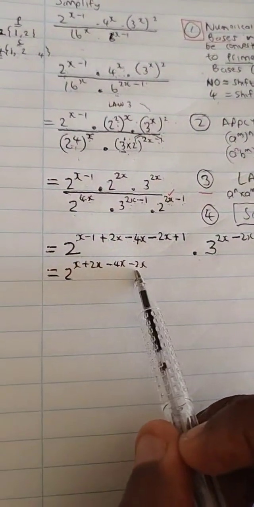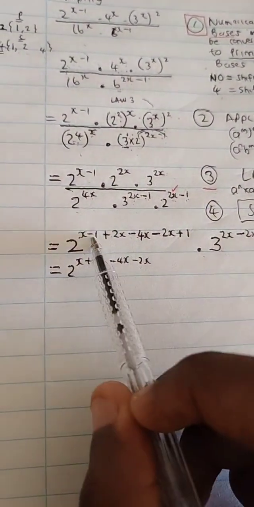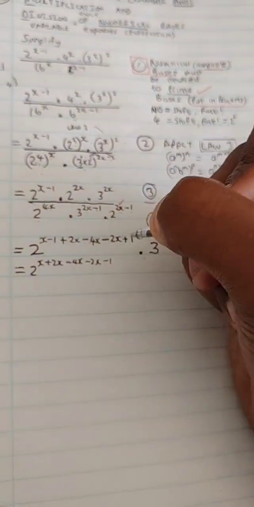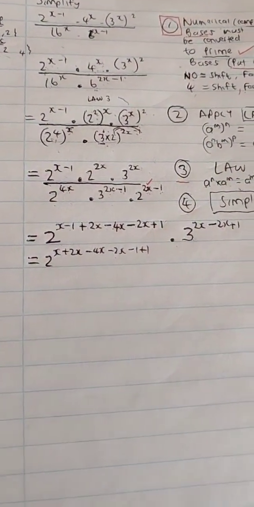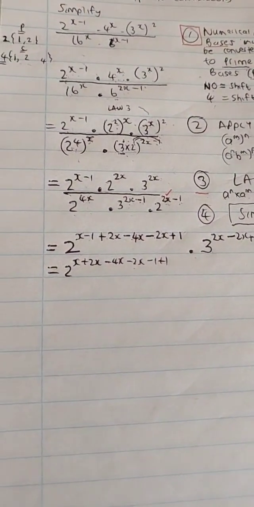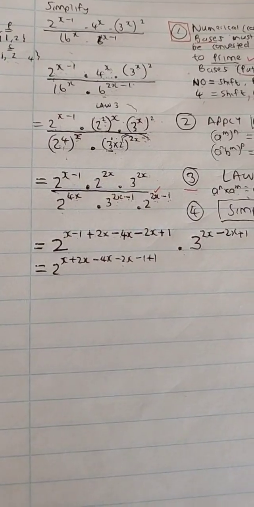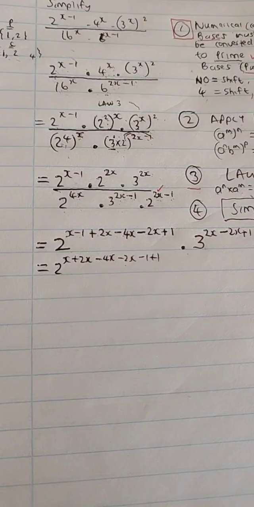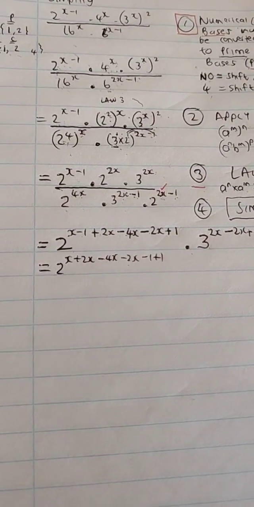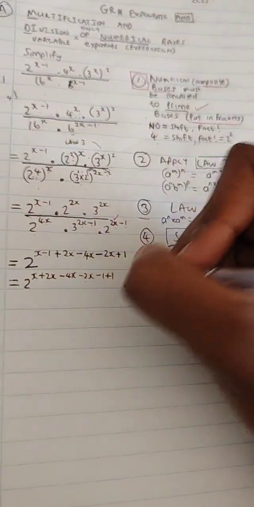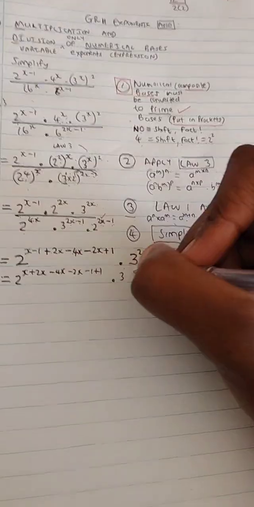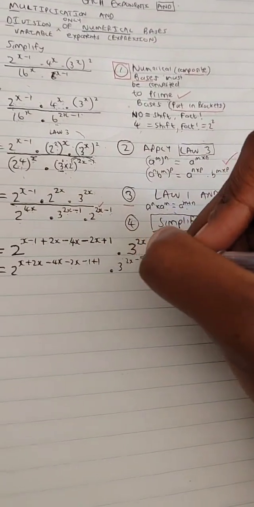Those are the variable x's. They are like terms. Minus 1 plus 1. This is 2x minus 2x.